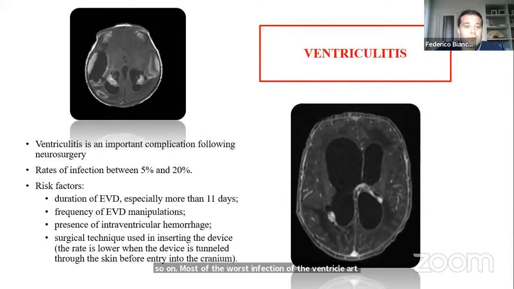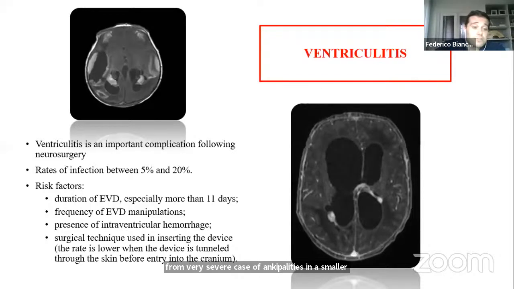In particular, ventriculitis represents one of the most important complications following a neurosurgical procedure and shunt placement, for example, with an infection rate that ranges from 5 to 20%. The other cases are mostly derived from very severe cases of encephalitis in smaller ICU neonates.